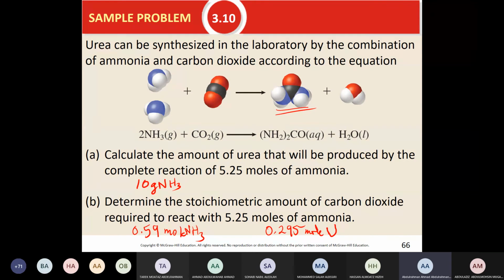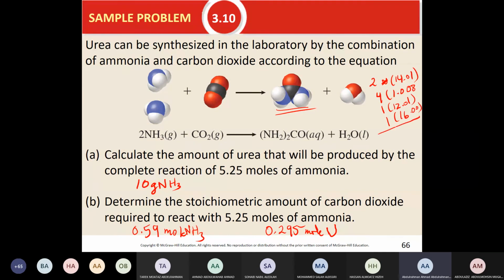Now I want to change it to gram. As I said, we have urea. We have 2 of nitrogen, which is 2 times 14.01, plus 4 times 1.008, plus 1 times 12.01, and then plus 1 times 16.00.